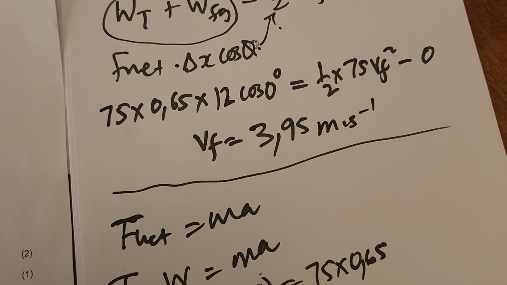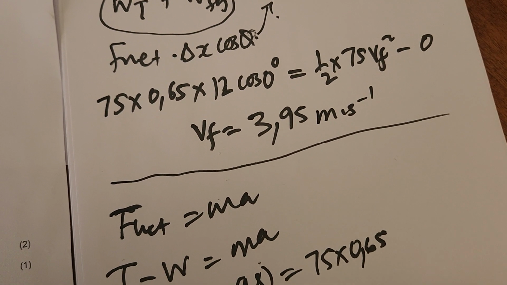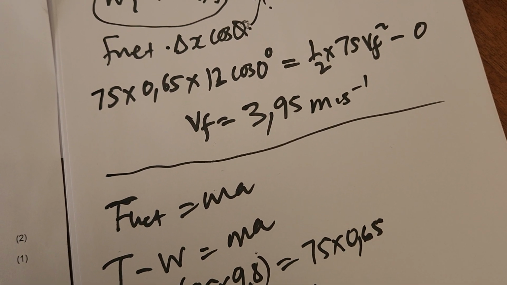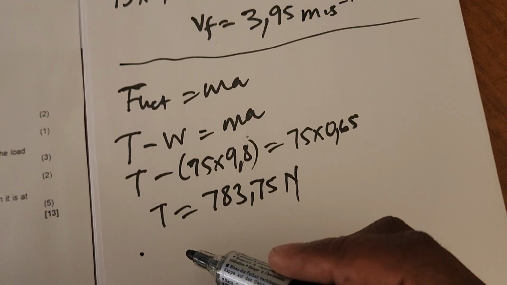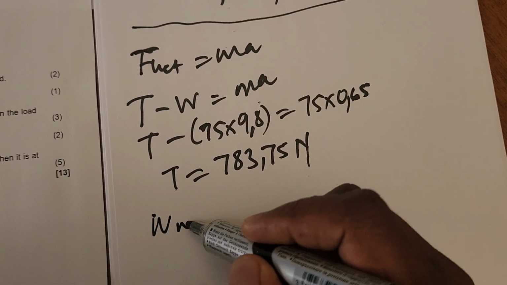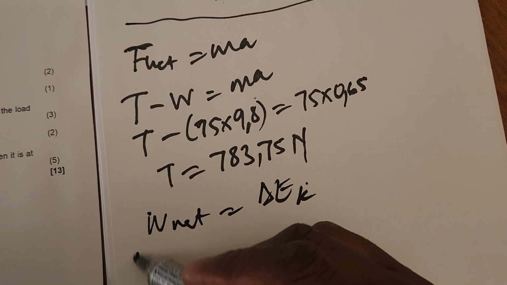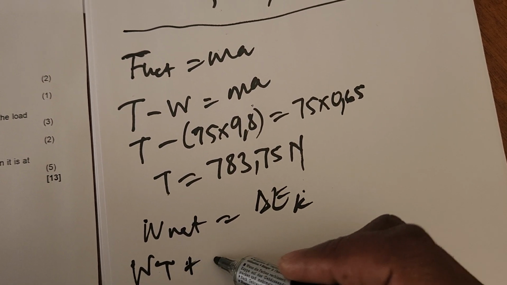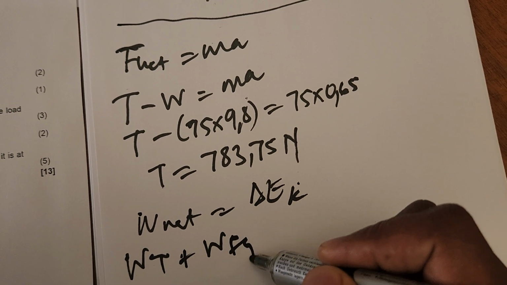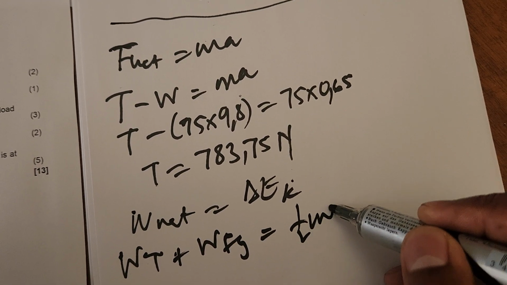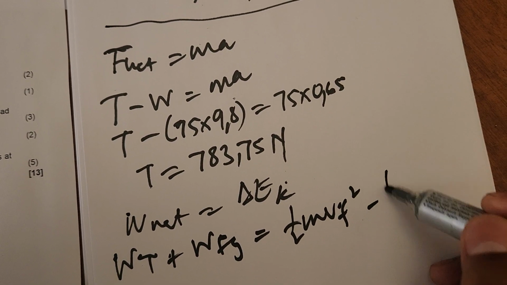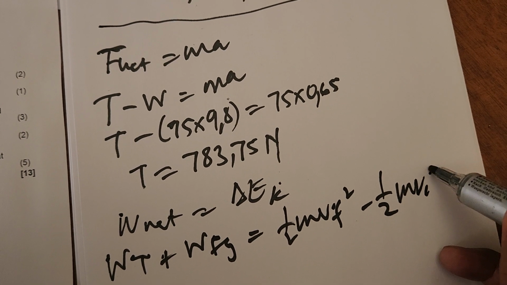So if you work from here, the choice will be yours. Work energy theorem, the net work is the same as delta EK: work done by the tension plus work done by the weight equals half m vf squared minus half m vi squared.